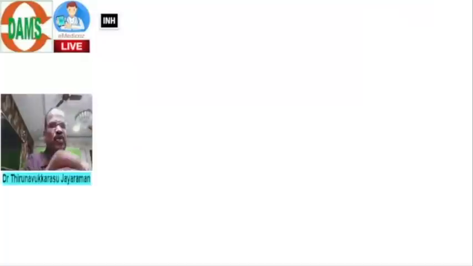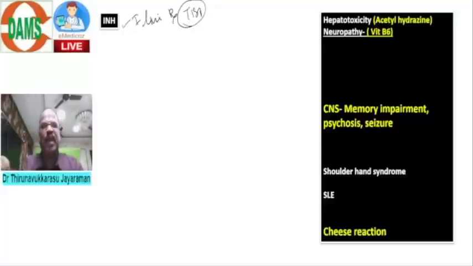See, isoniazid is one of the first-line drugs useful for treatment of TB. This drug causes many adverse effects. For example, one of the common adverse effects is hepatotoxicity, due to accumulation of acetylhydrazine. Another problem is peripheral neuropathy due to B6 deficiency.